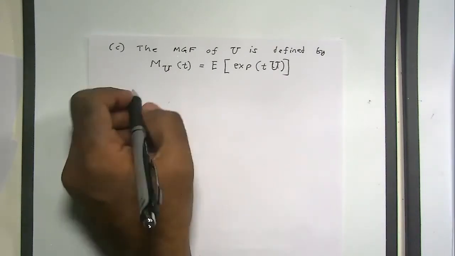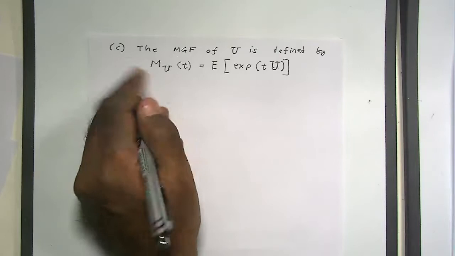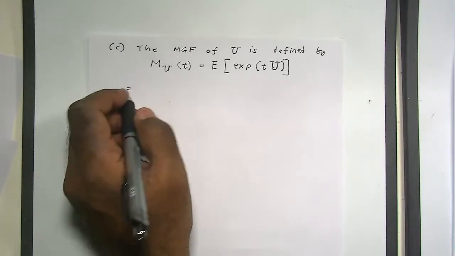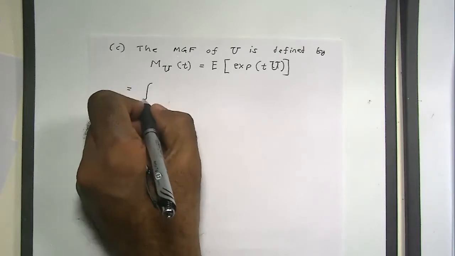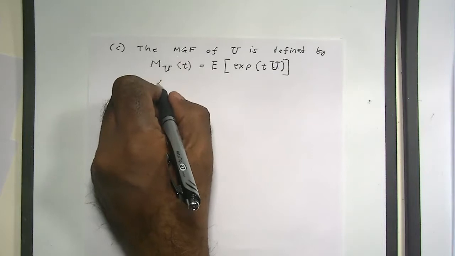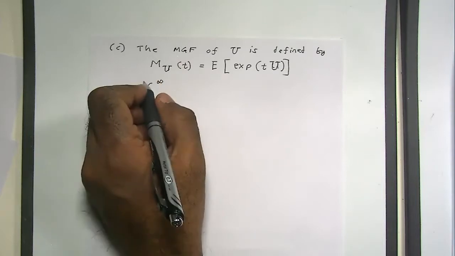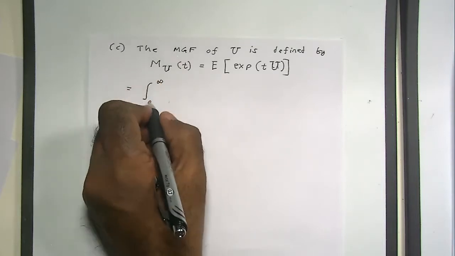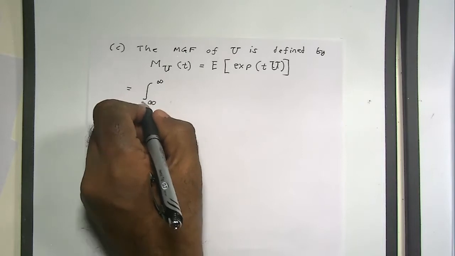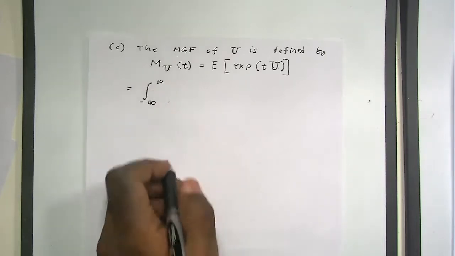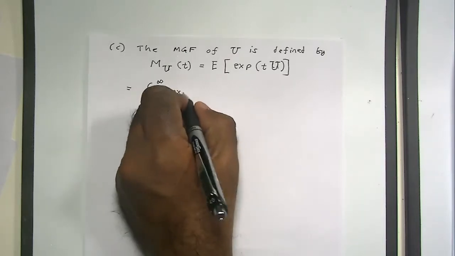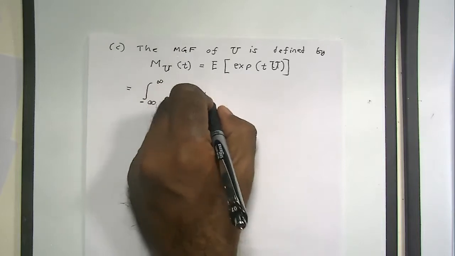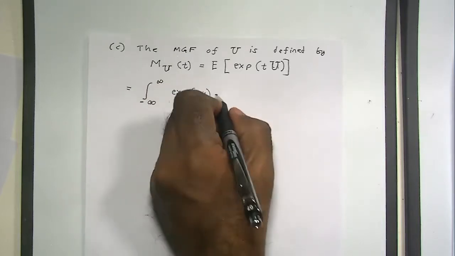So let me continue this. For this particular question, this will be the integral from minus infinity to plus infinity of exponential of tu, multiplied by the density.